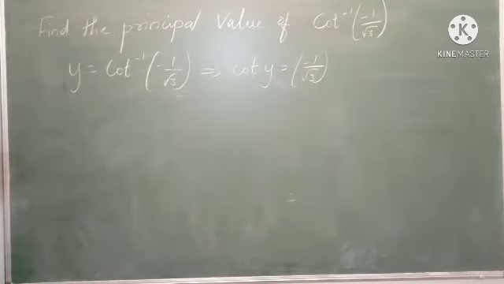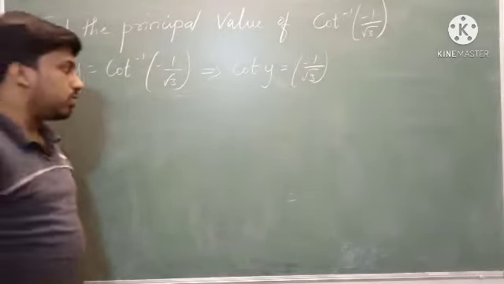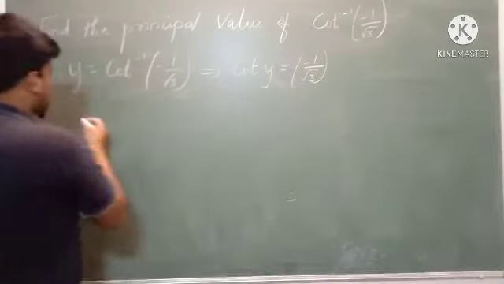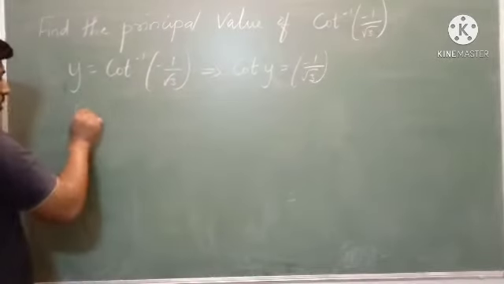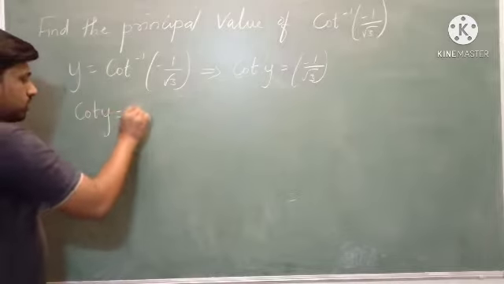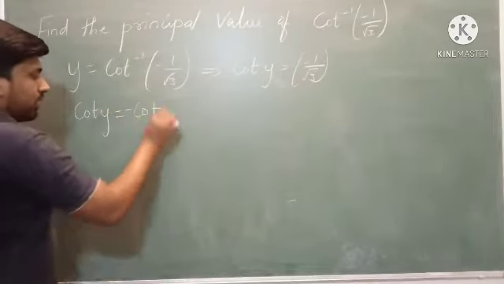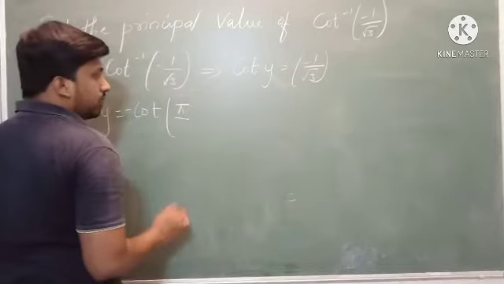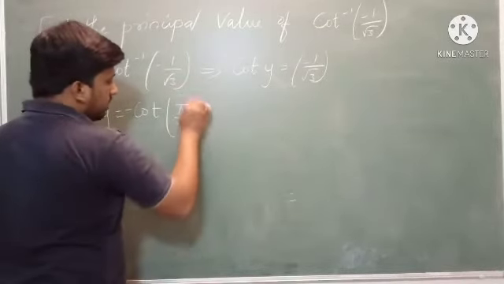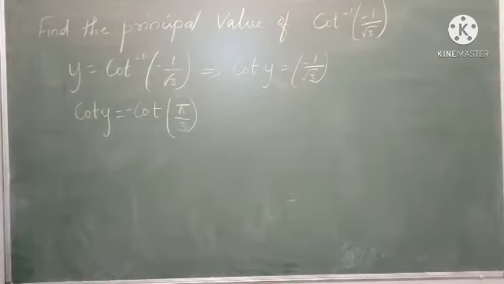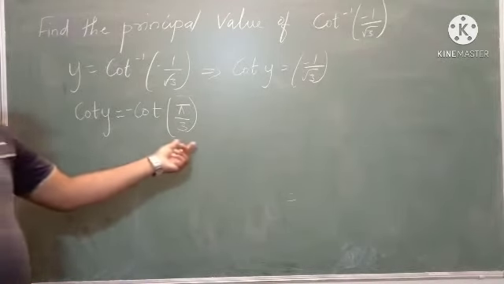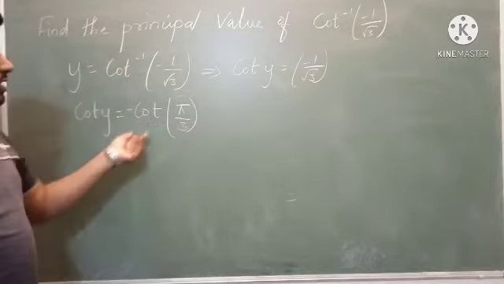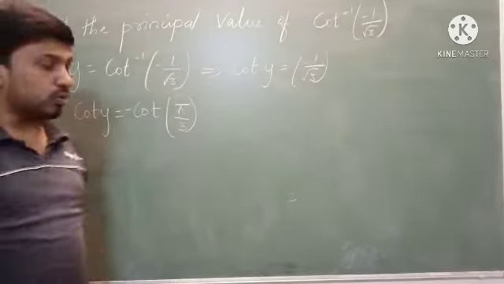So for cot y is equal to minus 1 by root 3, we have cot y is equal to minus cot of pi by 3, isn't it? So cot pi by 3 will be 1 by root 3. So minus cot pi by 3 for minus 1 by root 3.